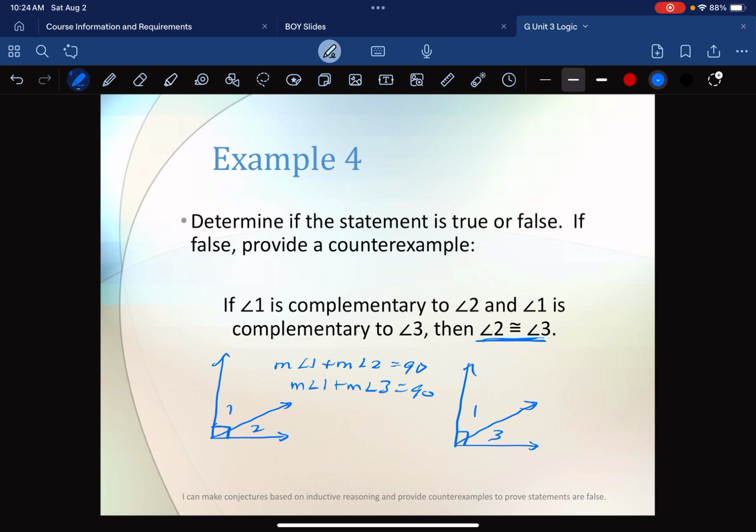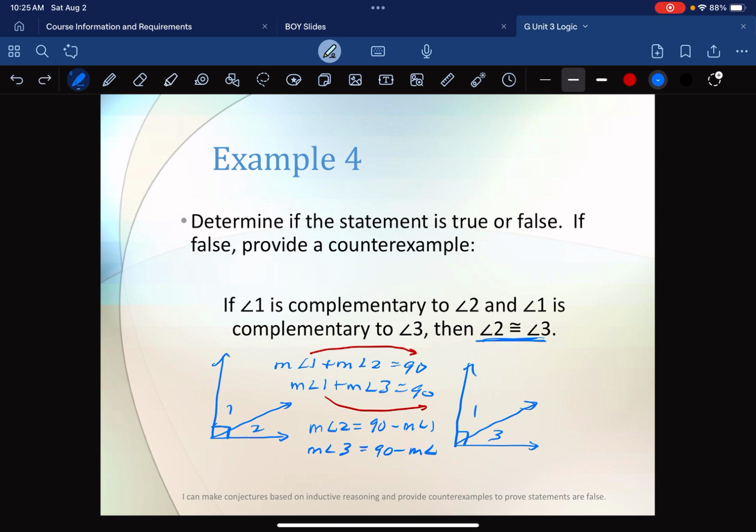Well, this is an equation, can't I just move the measure of angle 1 to the other side of the equation by subtracting? Then I get this, the measure of angle 2 equals 90 minus the measure of angle 1. And then for the second equation, I move angle 1 over there, and I get the measure of angle 3 equals 90 minus the measure of angle 1.